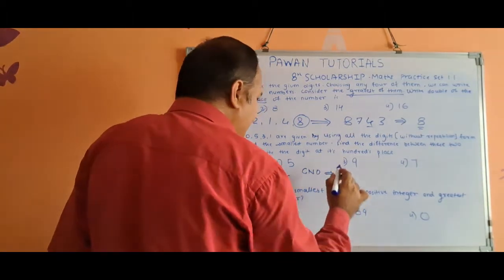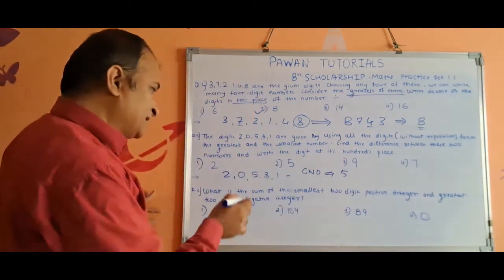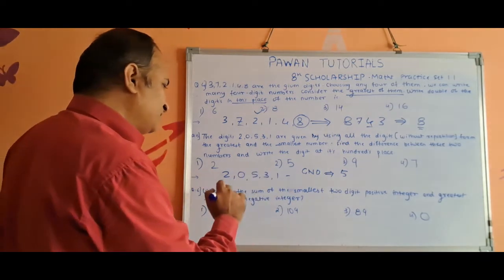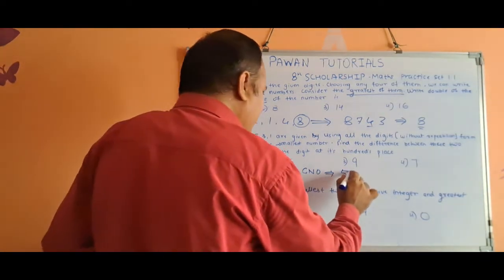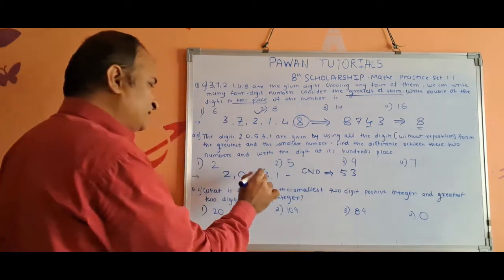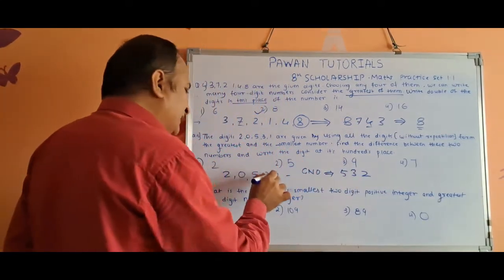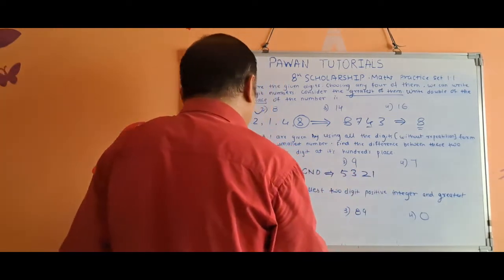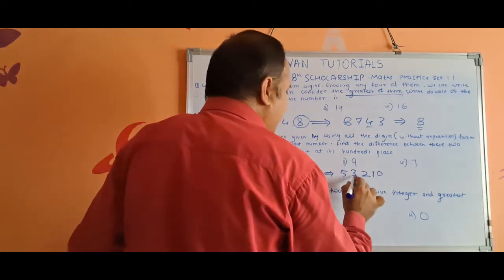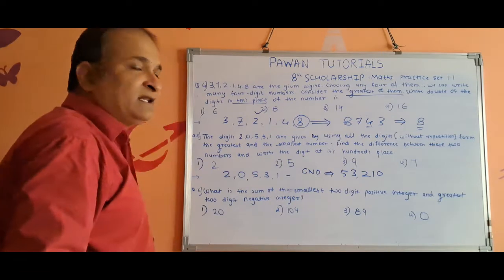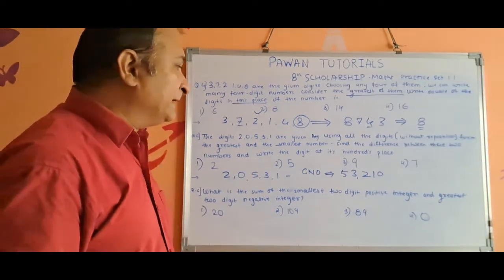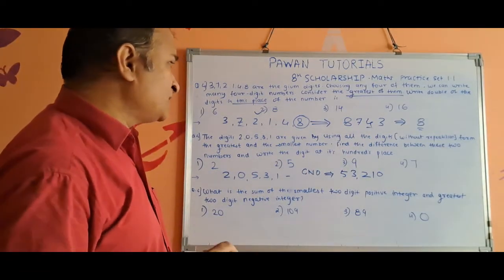So let me write this digit 5 first. After 5, 3 will come. After 3, 2 will come. And then 1 and finally 0. So the greatest number is 53,210.